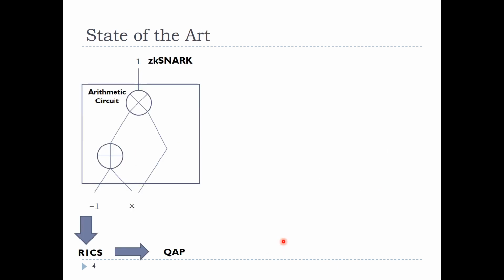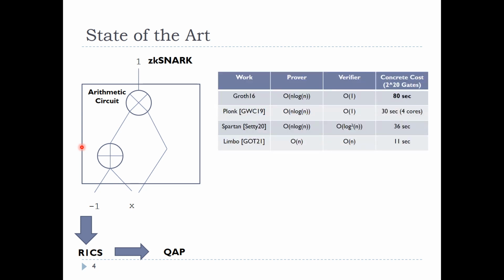In theory, this is not a problem because we have known for a long time that all NP statements have a zero-knowledge proof. So if we use the prevalent zkSNARK technique, we can simply encode the logic using arithmetic circuits, and we get a short proof. But the real challenge is the real-world problem size that we have to tackle.